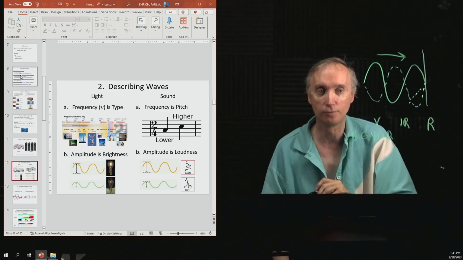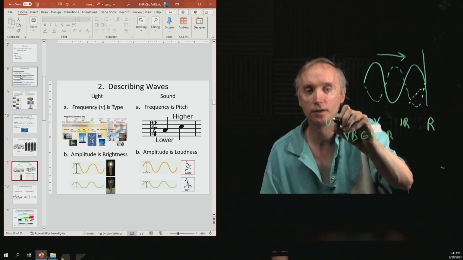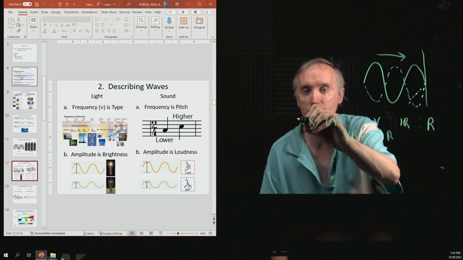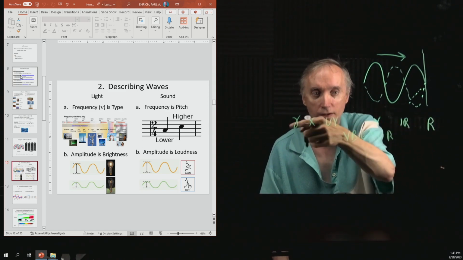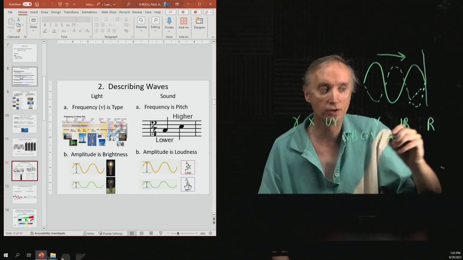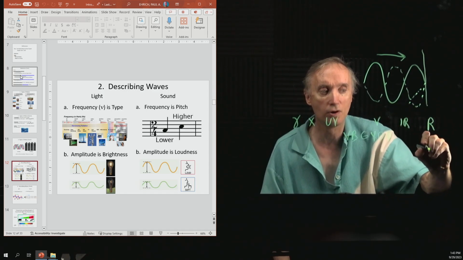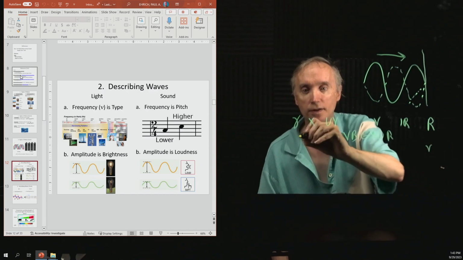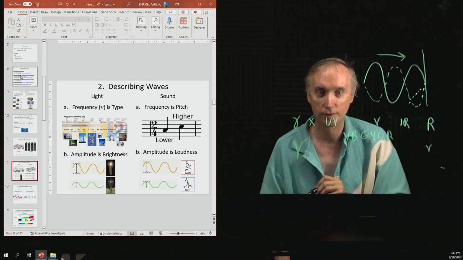So that's the visible part. And then on the other side of that is going to be the ultraviolet, and then the X-rays, and then the gamma rays. Be able to make that picture. Also, notice that on this side over here is the small frequencies, and then on this side over here is the big frequencies.